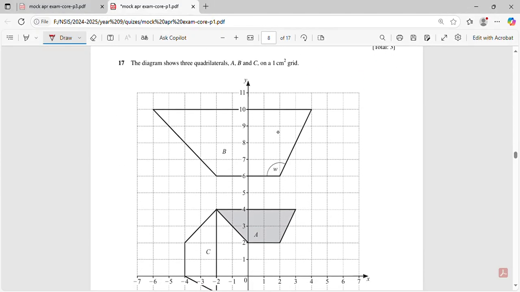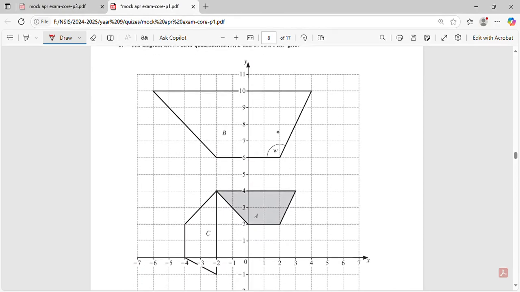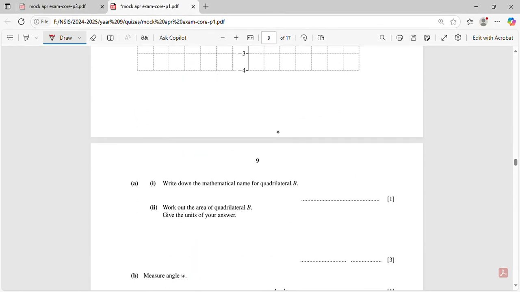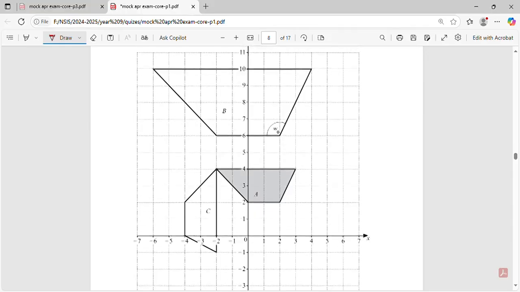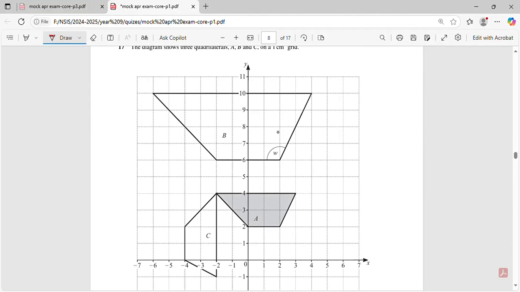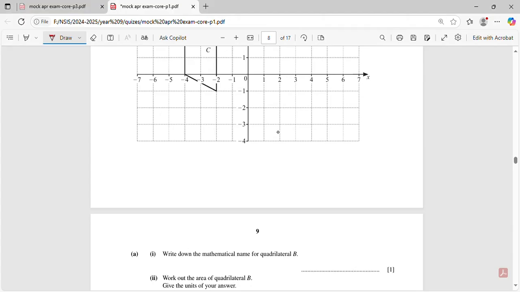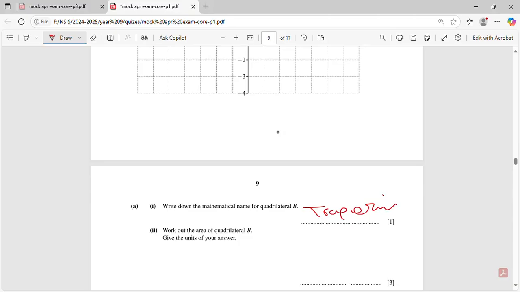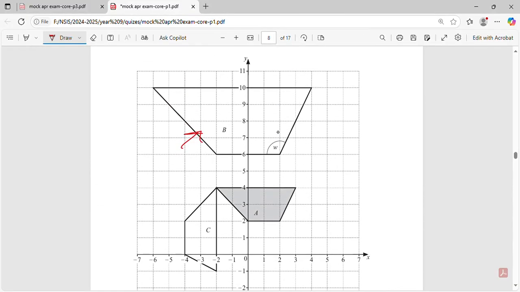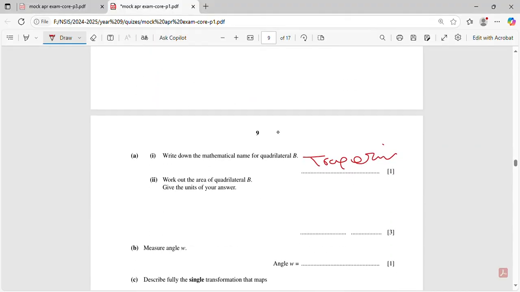Now for this, the diagram shows three quadrilaterals, and he asked me to write down the mathematical name for quadrilateral P. What is the mathematical name for this shape? Trapezium. Perfect. So it's called a trapezium, and work out the area of quadrilateral P. How can I work out the area? We know that the area of a trapezium is P1 plus P2 divided by 2, all times the height.